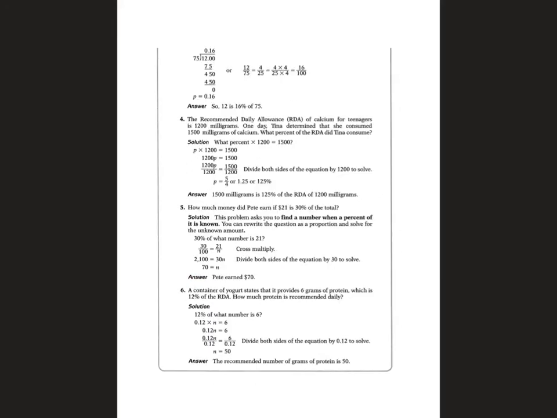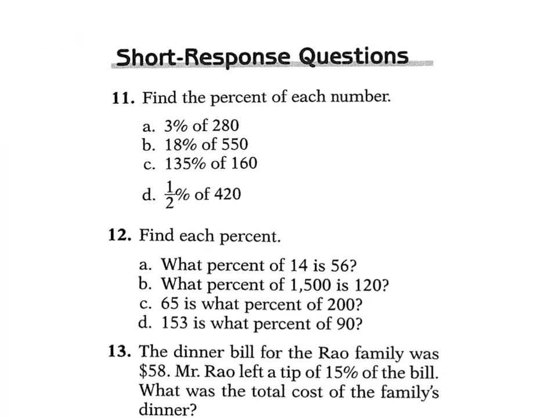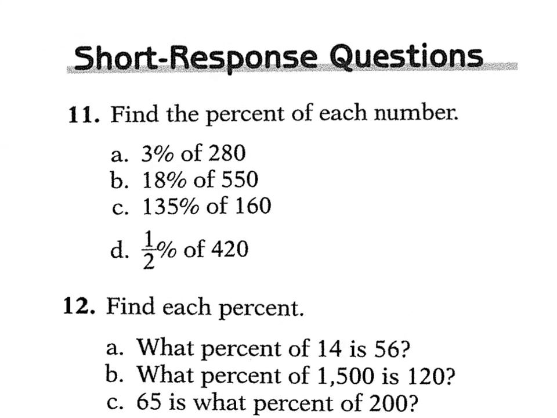So if we look at the first set of problems that are not done for us, it tells us to find the percent of each number. So for 11, for A, we have 3% of 280. So we could use is over of is equal to percent over 100, or we can just say of means multiply. So I can do 280 times 0.03 once I turn that 3% into a decimal.